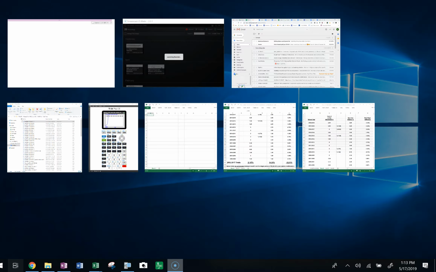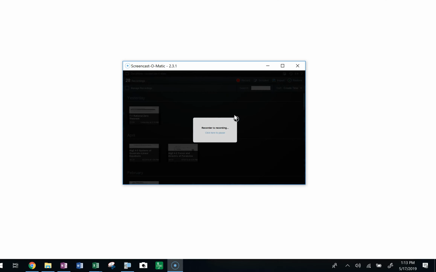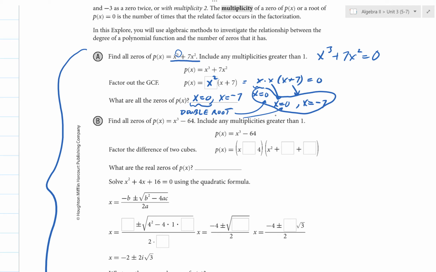Okay, so the next one. We have x cubed minus 64, and that is a difference of cubes.